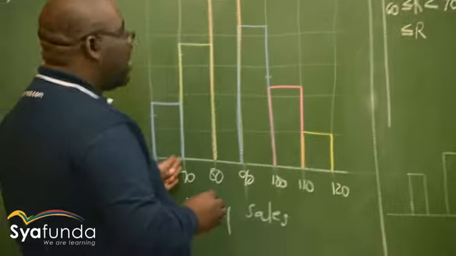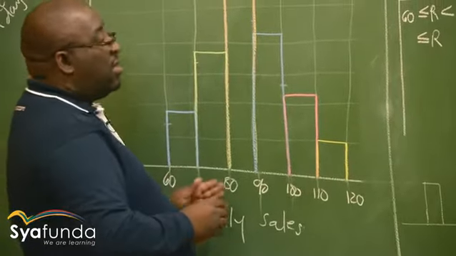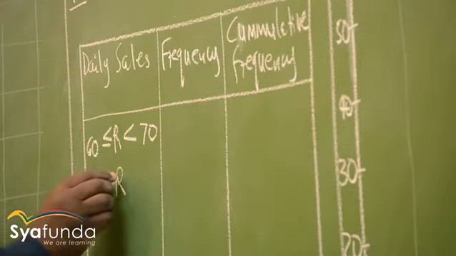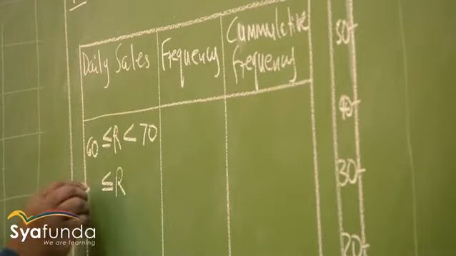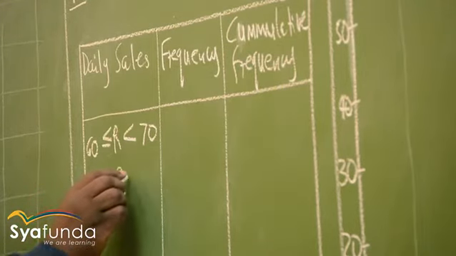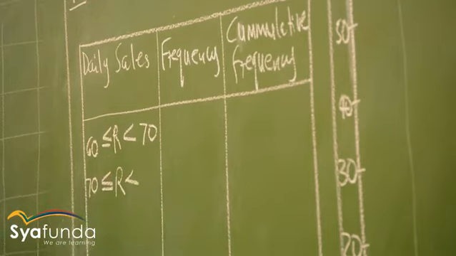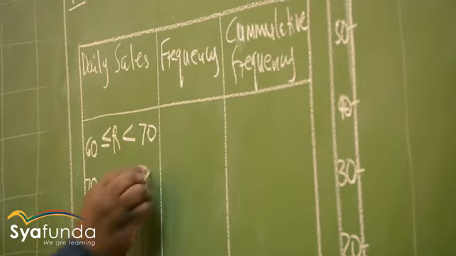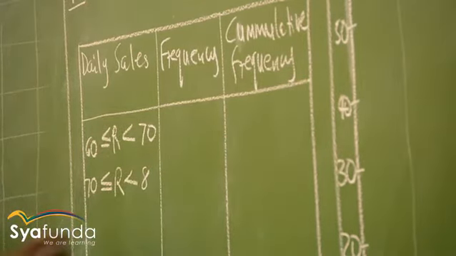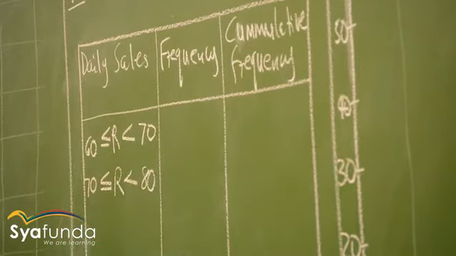Now I'm including 70 when I'm doing 70 and 80. Our daily sales are greater or equal to 70 rand, but less than, what is the next one? It is 80.